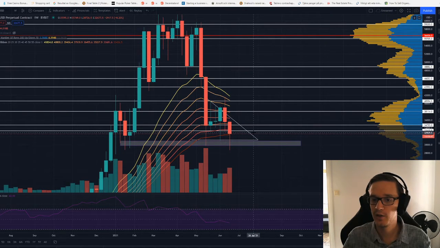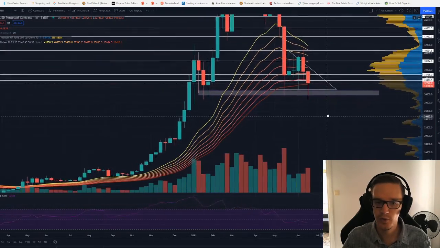So the weekly candlestick closes in 14 hours from now. And if we want to see the bullish scenario, we need to close this candlestick over 33,500 here, and that would also be over this exponential moving average 50. And in that case, we are forming a hammer candlestick, and that's a bullish candlestick.